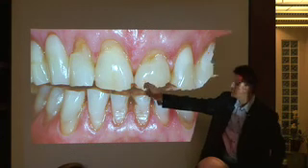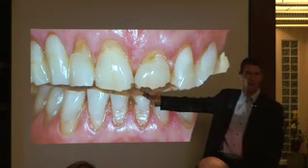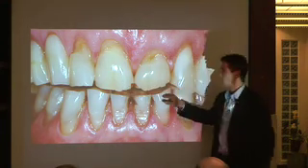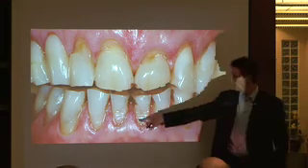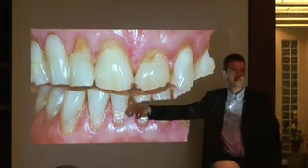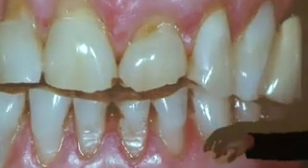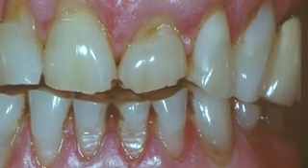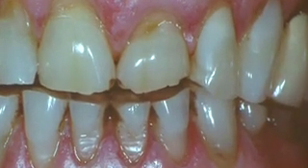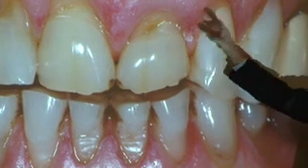This all fits together. So that would be a patient who has attrition. That wear pattern is typical, right? But you see, there are these horizontal striations in the root area. Someone's scrubbing them pretty strongly. And there's like a washing out effect here and there.